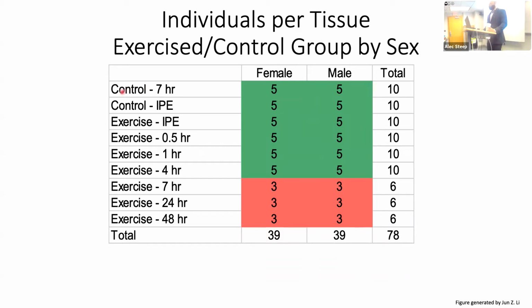And we can look at our control and exercise groups, and they're divided quite well as well. They're not totally orthogonal, but the later exercise groups, 7, 24, and 48, have fewer rats in them. So 39 females, 39 males, and anywhere from 10 to 6 rats per experimental group.